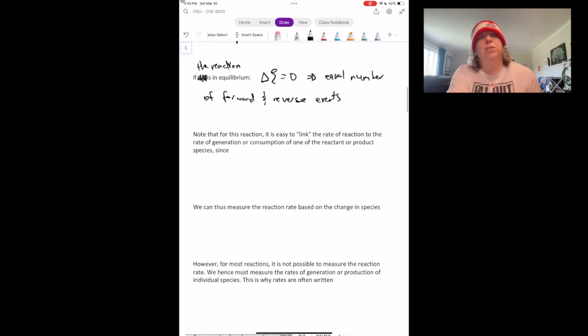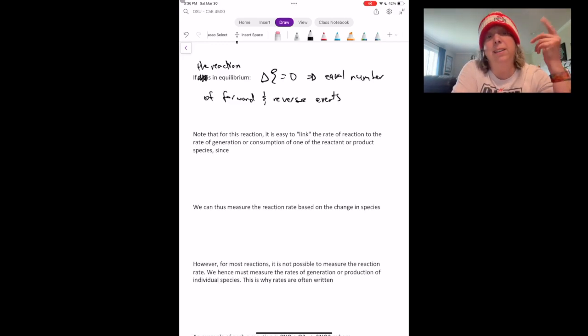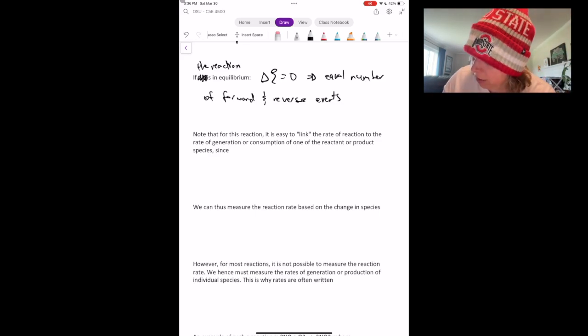So for this reaction, note that it's easy to link the rate of reaction to the rates of generation or consumption of the different reactant and product species. So the rate of this reaction is going to be equal to the rate of consumption of the SiH4 species.